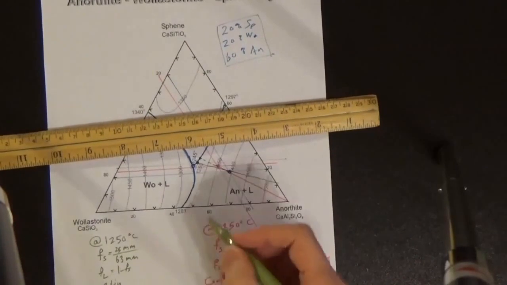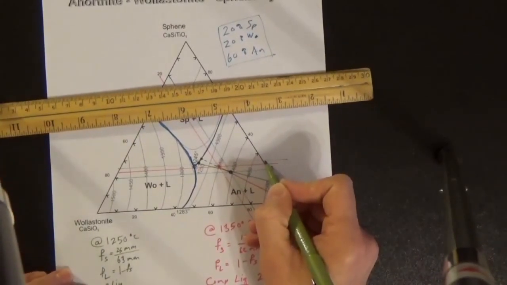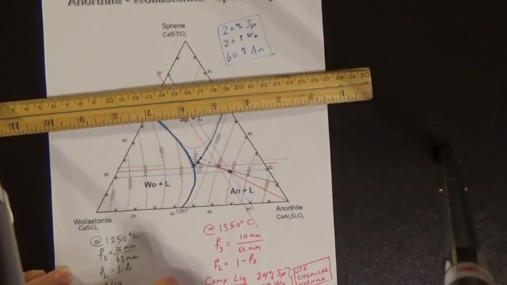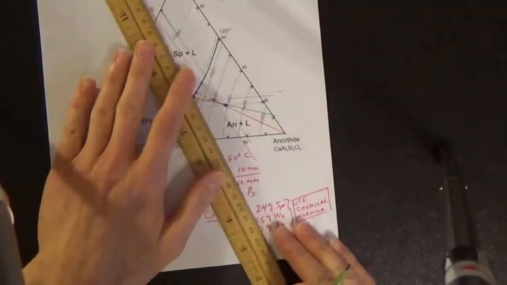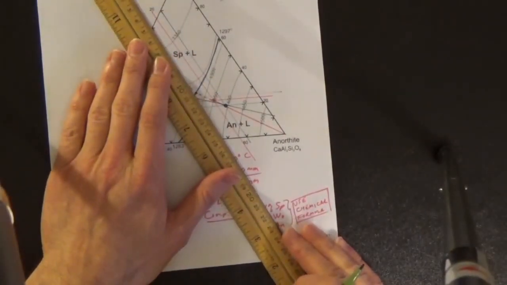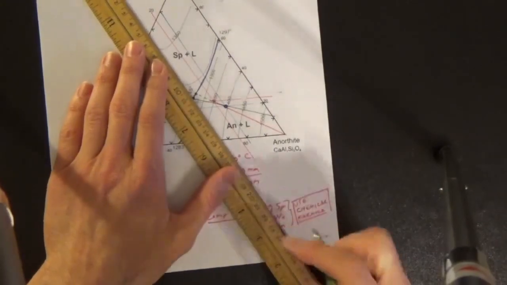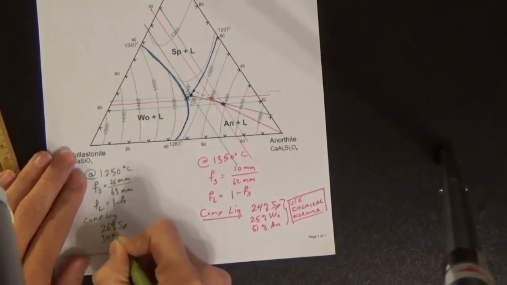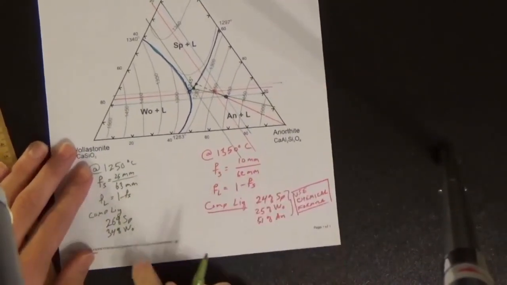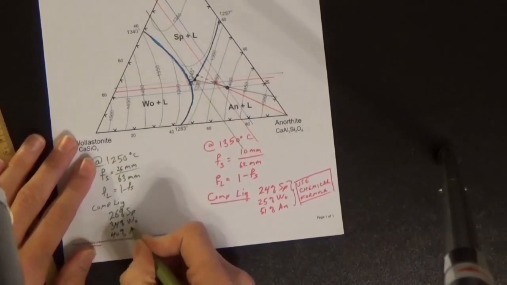So that's going to be around 26% of SP, and around 34% WO, and that makes that 60, makes it 40% of AN.